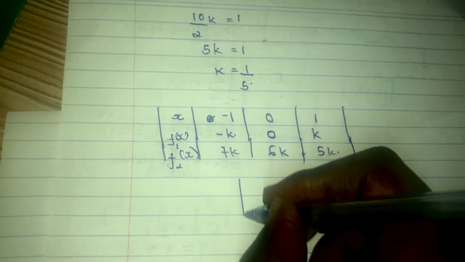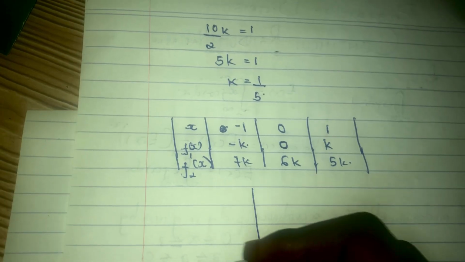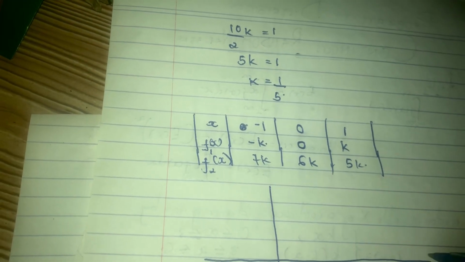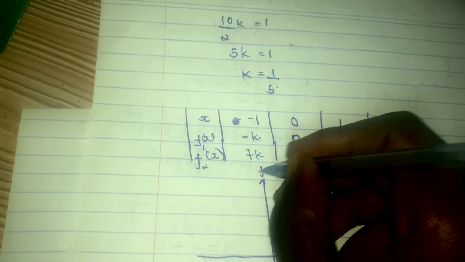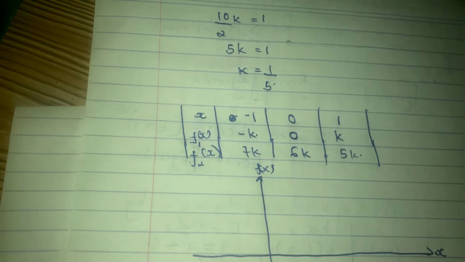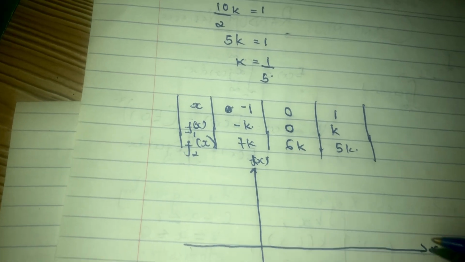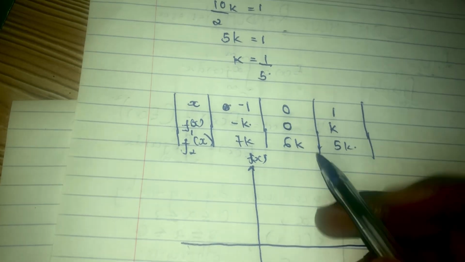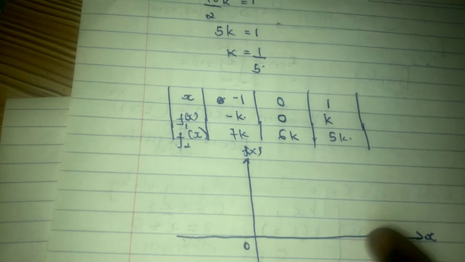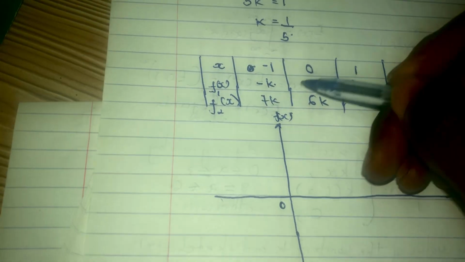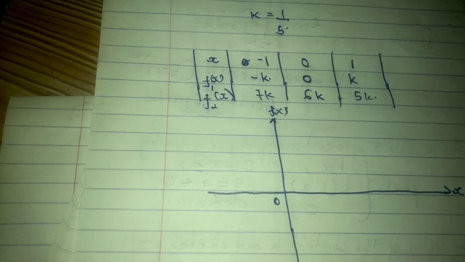When we sketch it, this is our diagram. Down here there is x, and this is f of x. Are we together? So you can use the k's themselves and sketch it, or you can put in the 9/5 and so on, but that will be long.